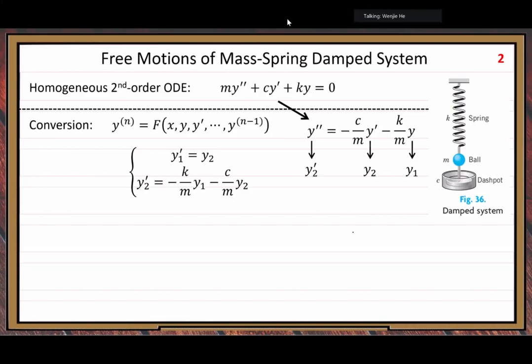Suddenly, we can apply so many well-developed linear algebra results on this equation. You can see how important it is. There are many well-developed results in linear algebra, very powerful tools, and now we can apply them on this system of ODE. That's the reason.